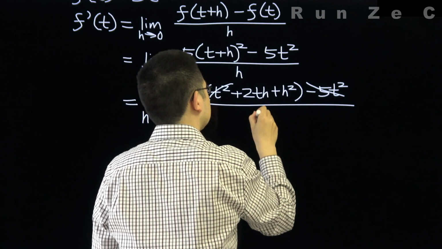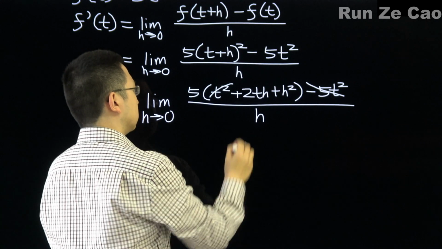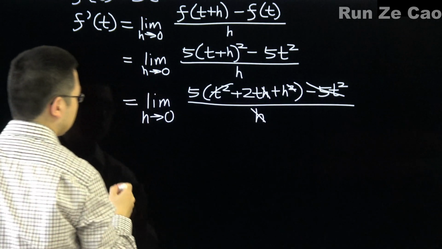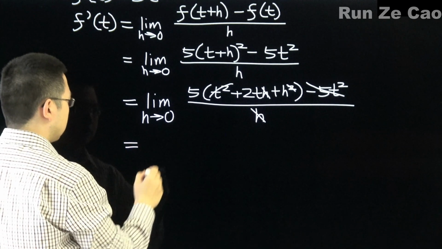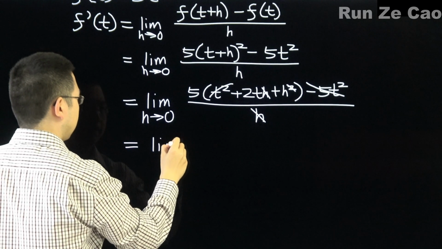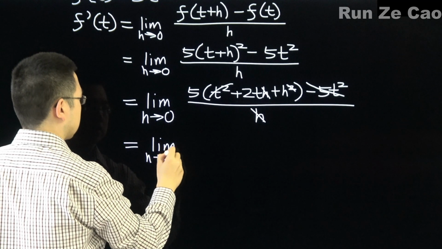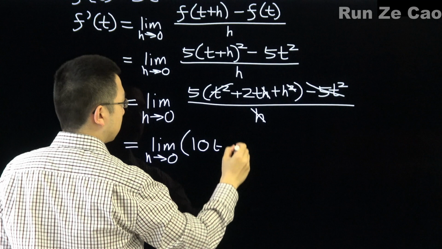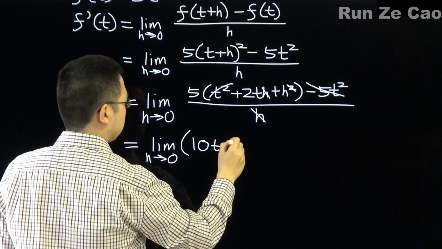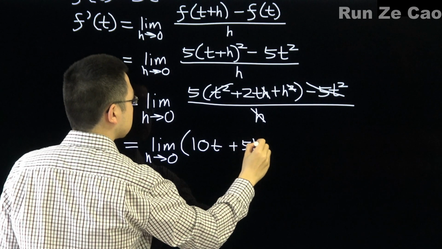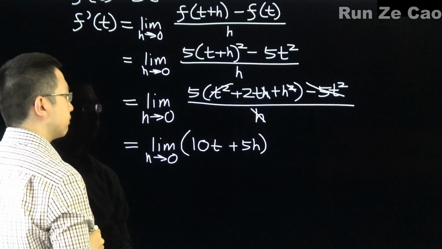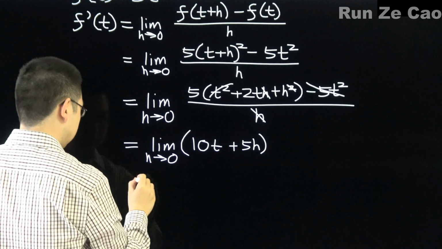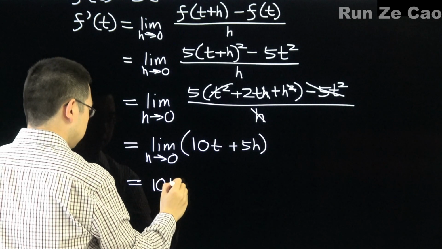Oh, over h. Okay. So what we end up with is going to be equals limit of h approaching 0, bracket, 10t plus 5h. Okay, what happens when h goes to 0? This is just 10t.